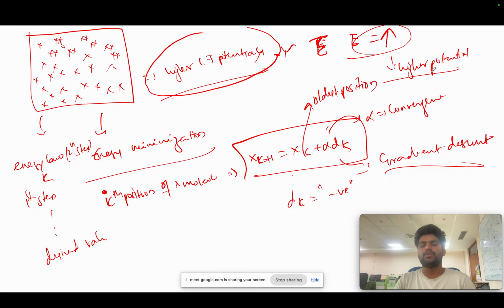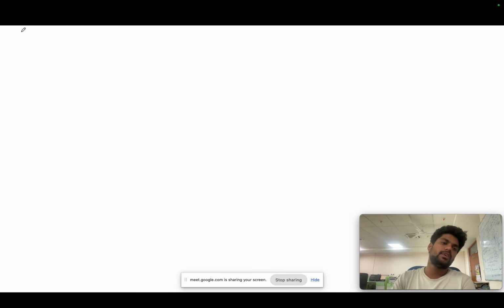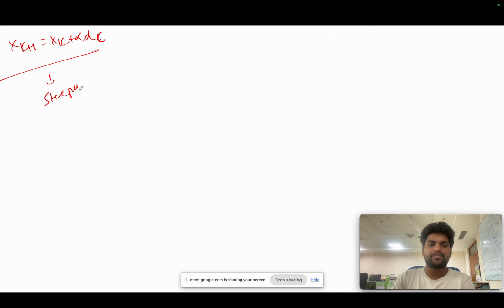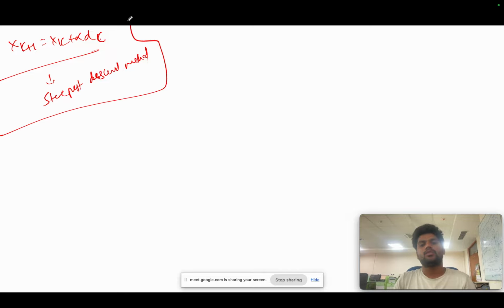We have carried out the energy minimization, and the algorithm which I explained, the x k plus 1 position, is nothing but x k plus alpha d k. It is the steepest descent, where we are descending from the first initial step to the second step. On every step we calculate the potential energy with the bonds and everything.